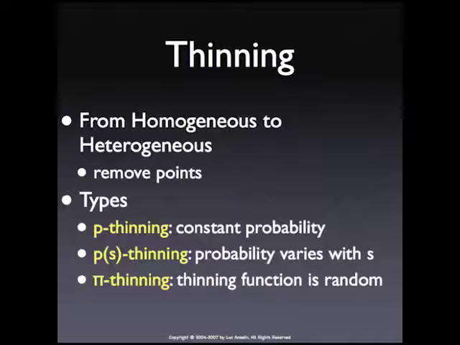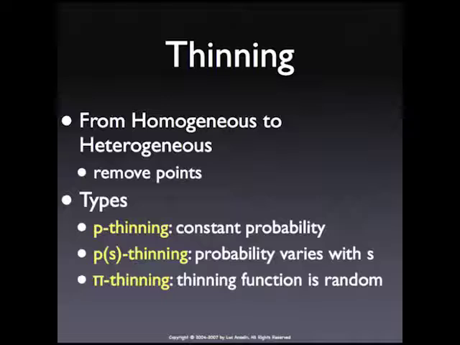So this is a process that you use if you don't want to change the characteristics of the underlying pattern. Now, p(s) thinning, there the probability that we kick you out changes depending on where you are. So this is how the heterogeneity sneaks in.